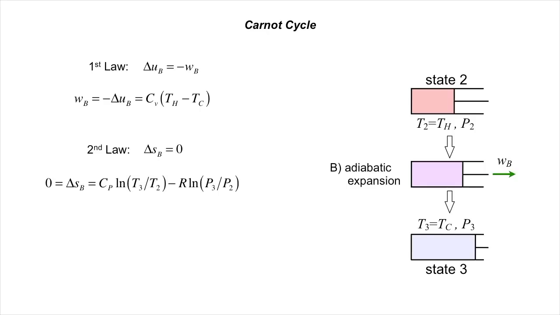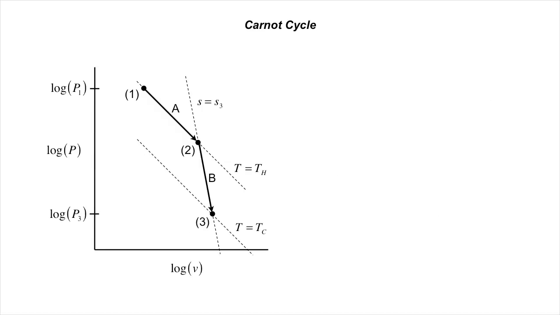Thus, we can relate the temperature and pressure changes going from state 2 to state 3. Substituting Th and Tc for T2 and T3, we can solve for P2 versus P3. This is where we get P2 to complete the previous expression. Basically, this is giving us the point on the PV diagram where the S3 isentropic line intersects the Th isotherm.